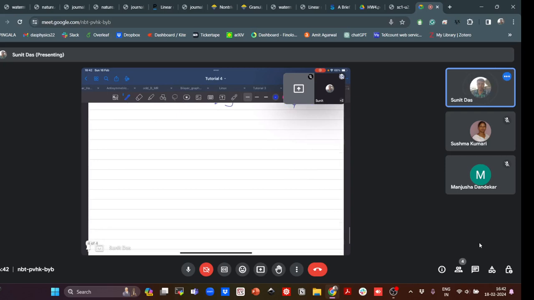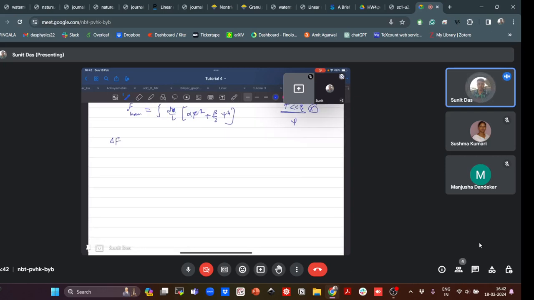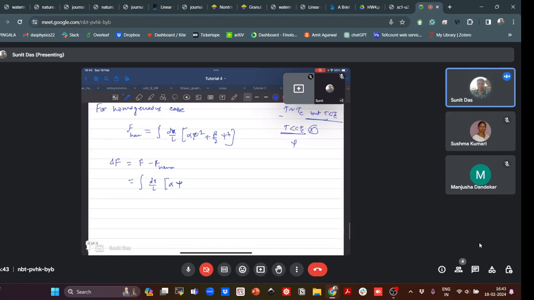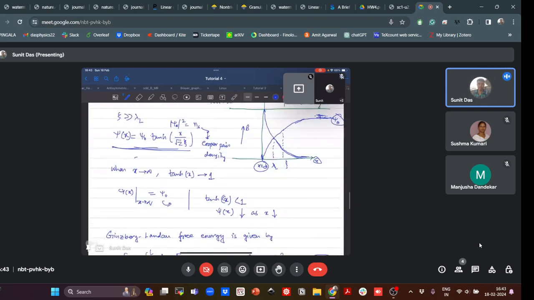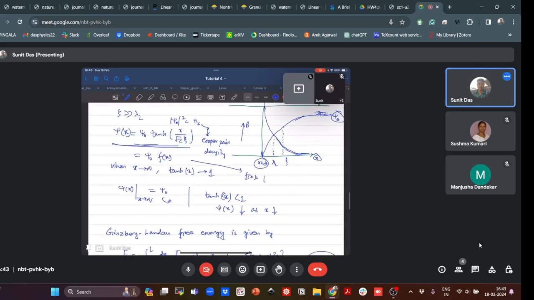So the difference delta F is F minus F homogeneous, given by the integral dx by L of alpha psi square and so on. For our convenience, let me write psi as psi 0 f(x), where f(x) is tan hyperbolic x by root 2 xi.